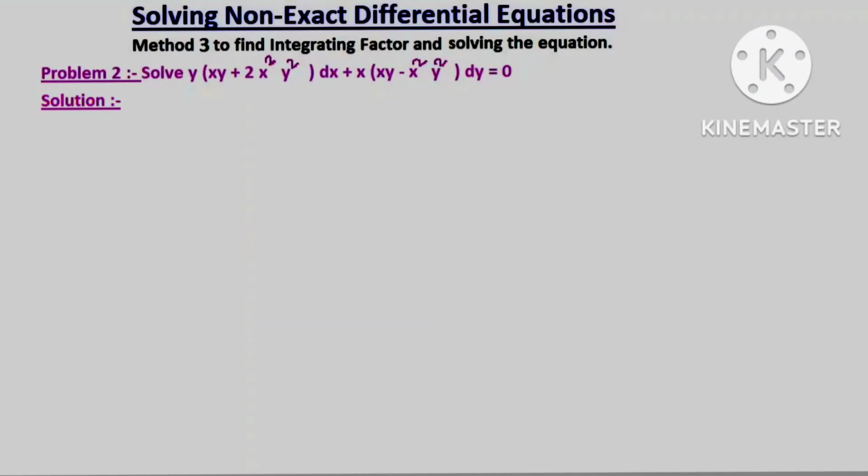Problem 2. Solve y(xy plus 2x square y square) dx plus x(xy minus x square y square) dy is equal to 0. Let us call this equation 1.